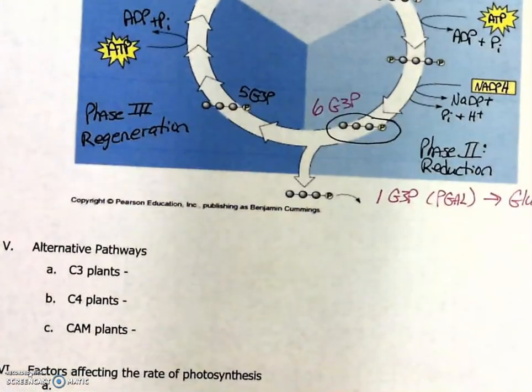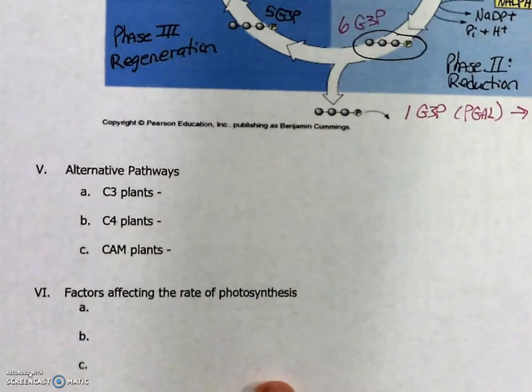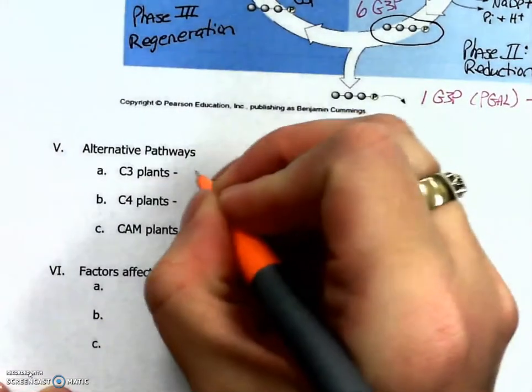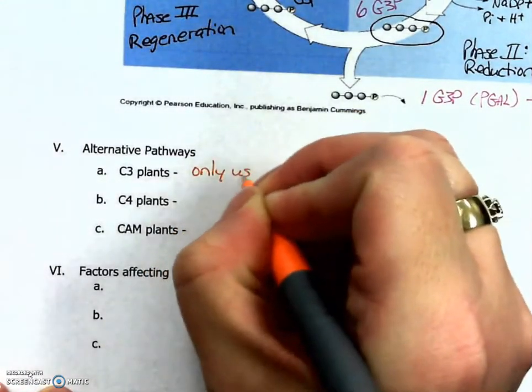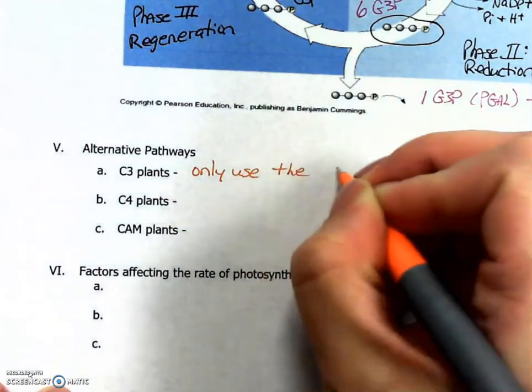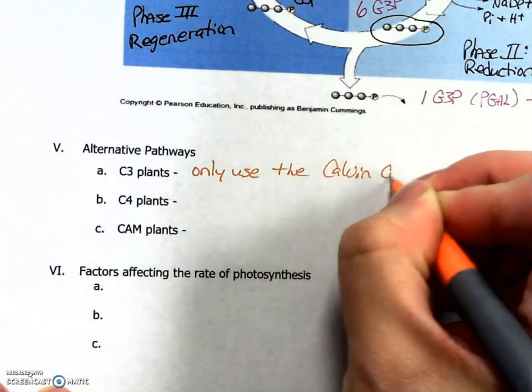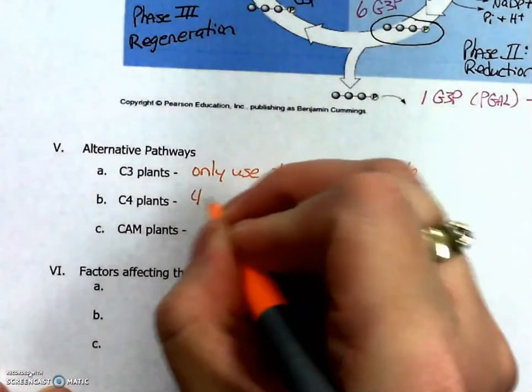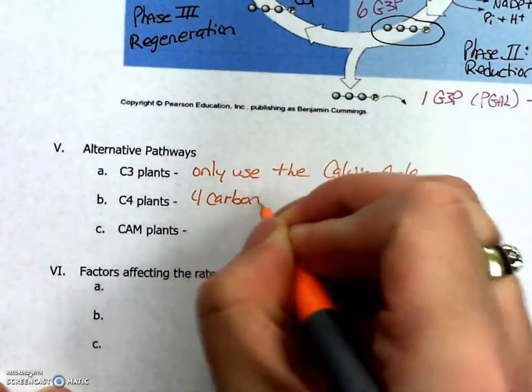To finish the notes, if we look down at the bottom here, we have some plants and some organisms that take alternative pathways to get to the different products. So we have C3 plants, which only use the Calvin cycle. We have C4 plants, which are 4 carbon compounds.